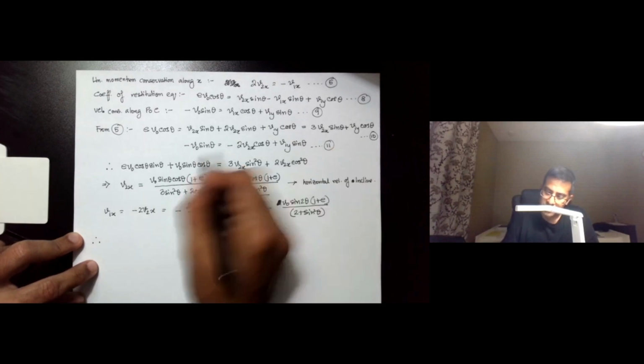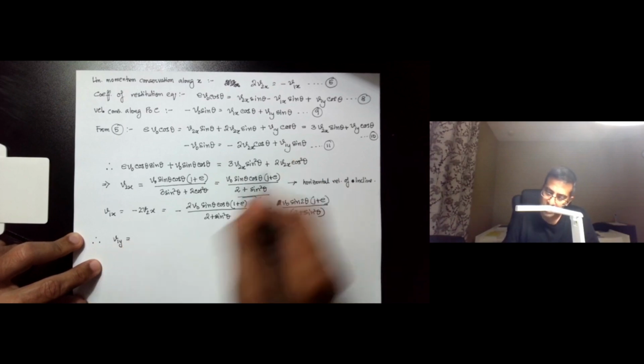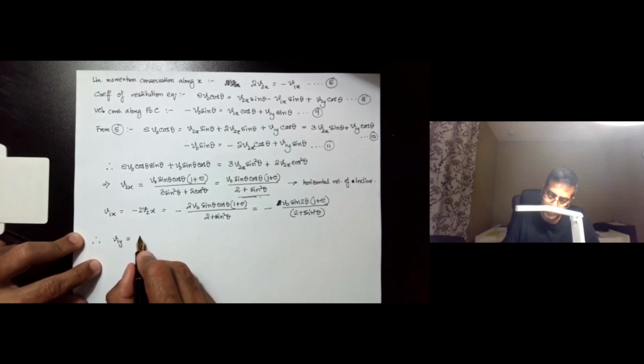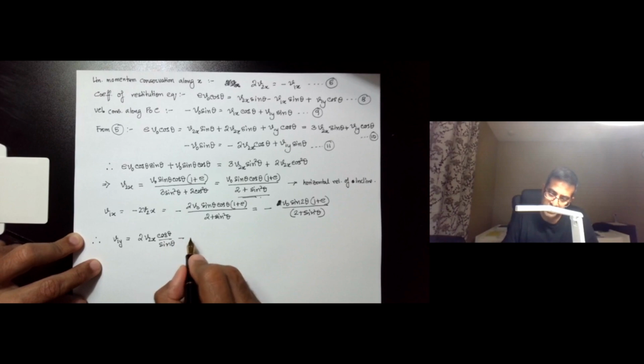so we'll take equation 11 and manipulate it to find v1y. So v1y is going to be 2v2x cosine theta divided by sine theta minus v0.